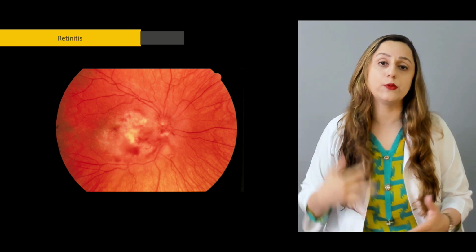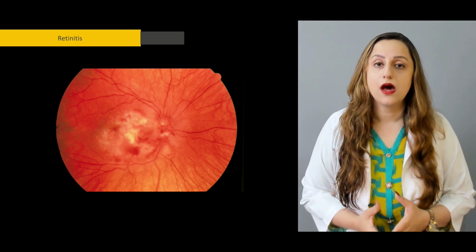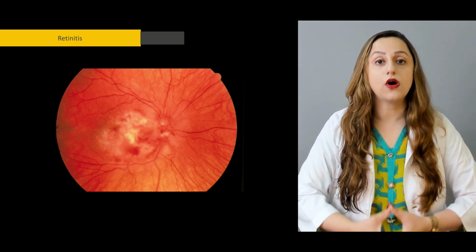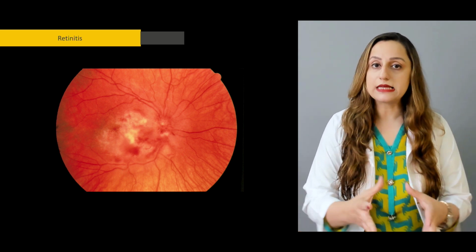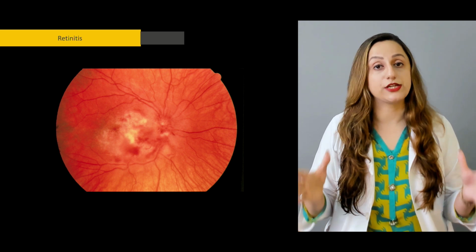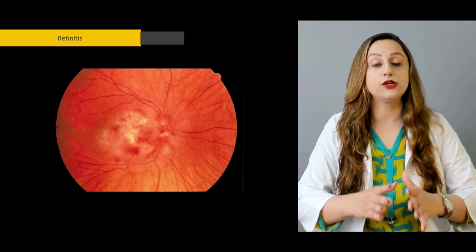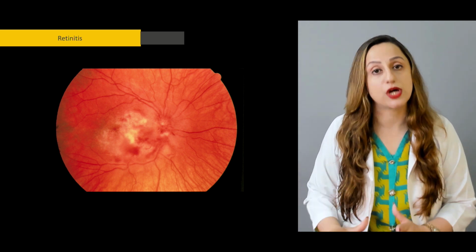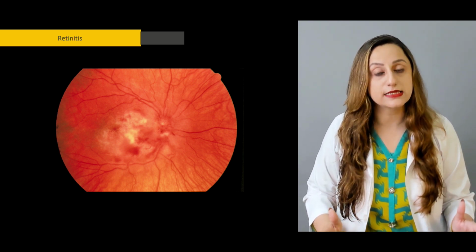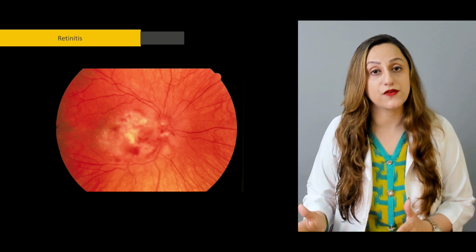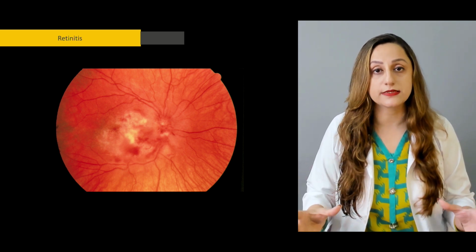On the other hand, we classify retinitis on the basis of the causative factors, or the etiology. When we classify it on the basis of etiology, it is basically grouped into two major chunks: the non-specific retinitis and the specific retinitis.